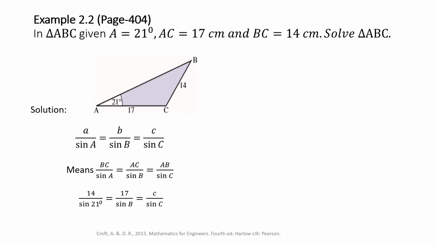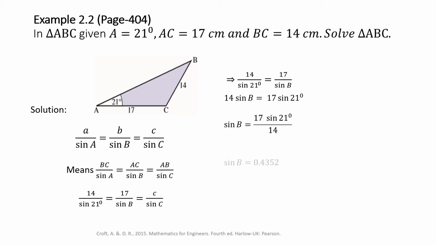Plugging in values, and after applying values, we take the first two ratios equal, and from here we can calculate angle B easily by cross multiplying, then dividing by 14, then we go for its simple form of the calculation. And now sine inverse of the right side.